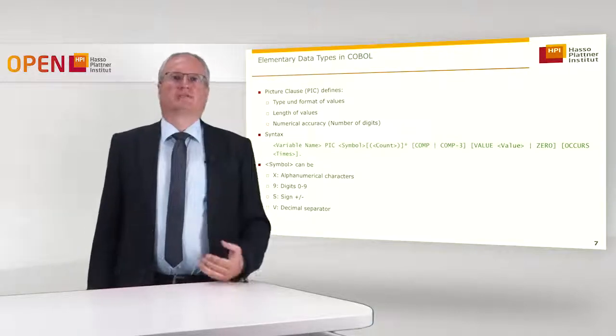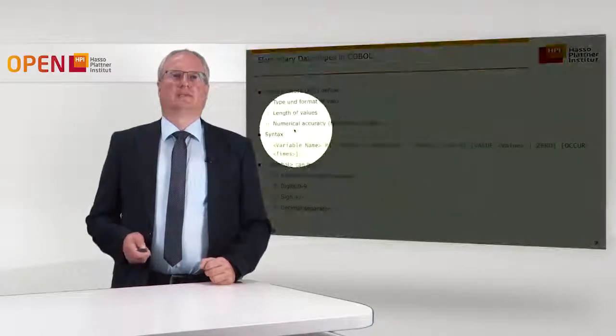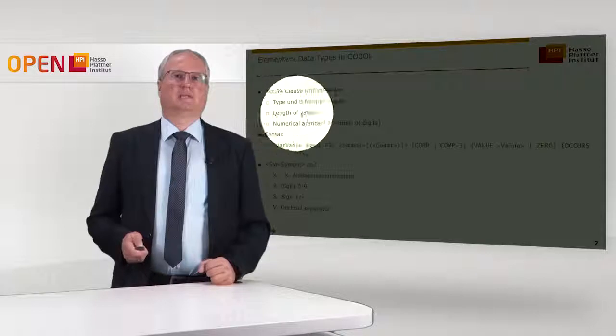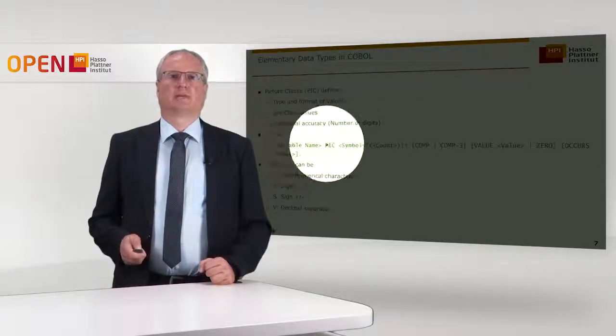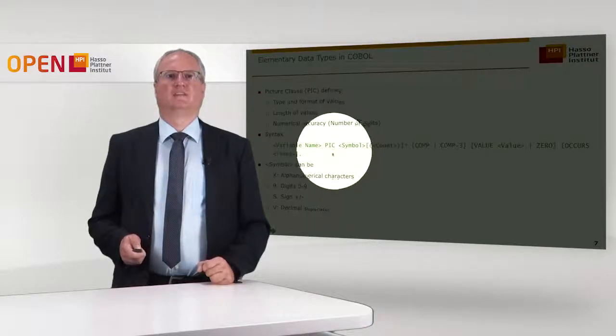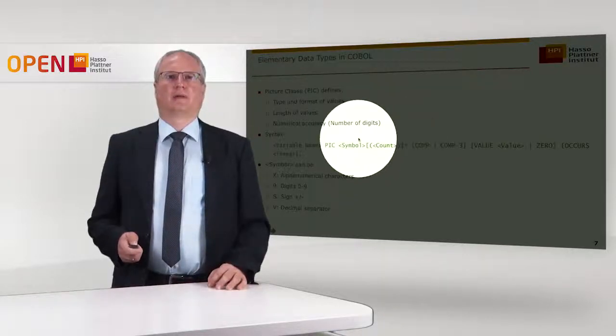So the picture clause defines the type and the format of the value, the length of the value, and the numerical accuracy. And this is mapped usually internally using BCD arithmetics. The syntax is like this. So it starts with the variable name. And then there's the keyword pic. And then there's a symbol. And the symbol indicates sort of the type. Then the length or the number of elements.